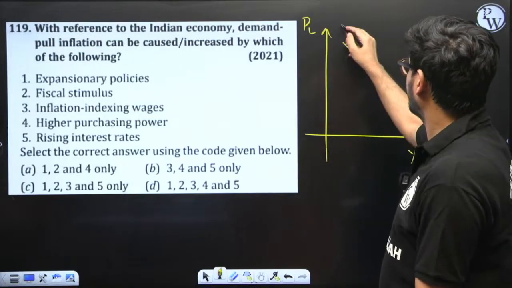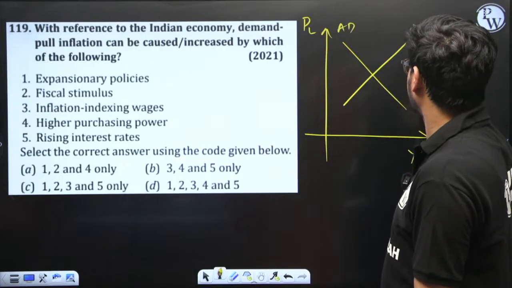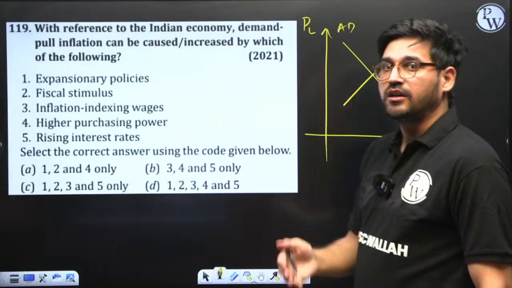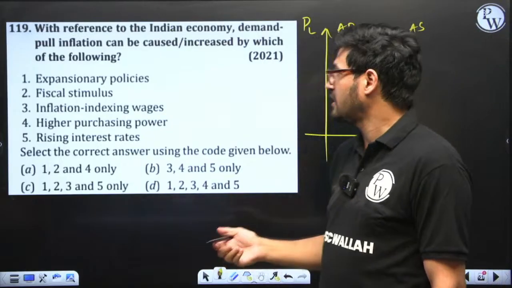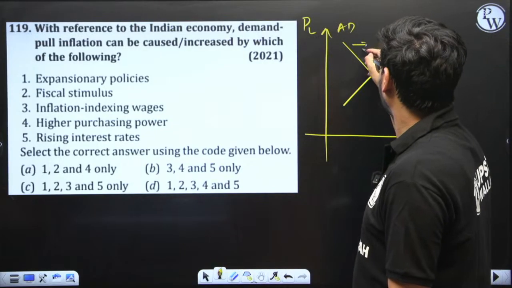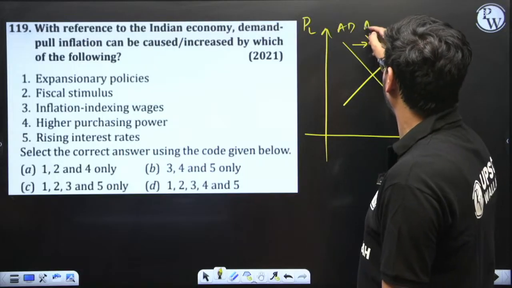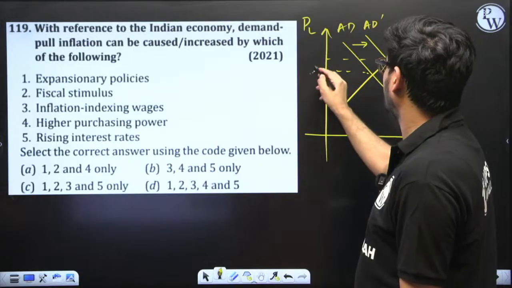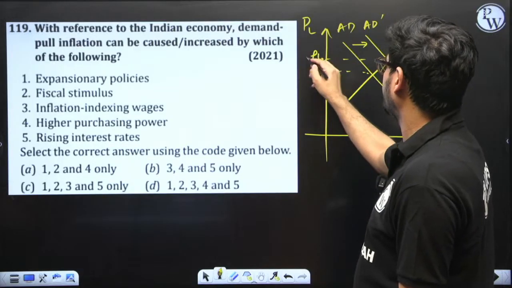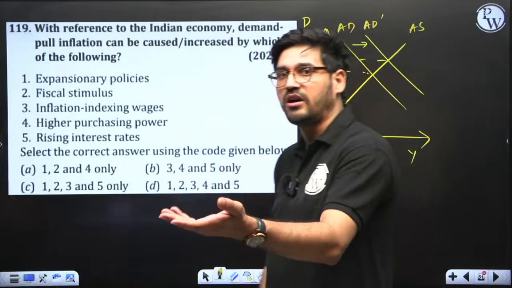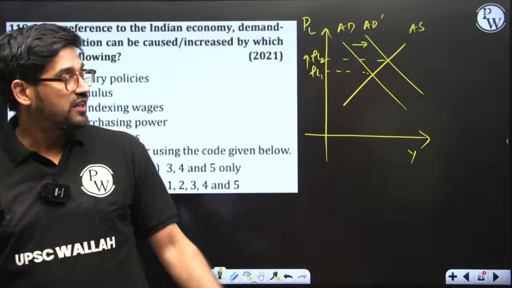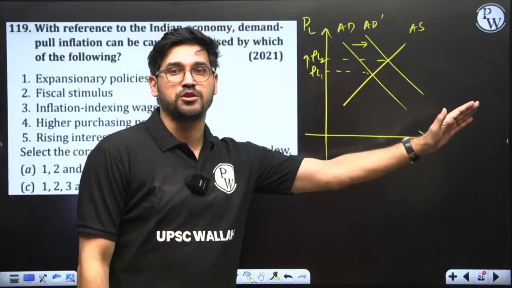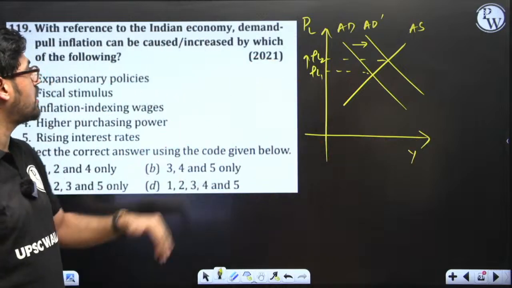This is going to be the aggregate demand and this is the aggregate supply. Demand pull inflation basically means that you have shifted the aggregate demand curve to the right, creating a new equilibrium price level, PL1, PL2. PL2 is greater than PL1. This is called inflation. Now, what can cause the aggregate demand curve to shift to the right? You have to pick which of these options.